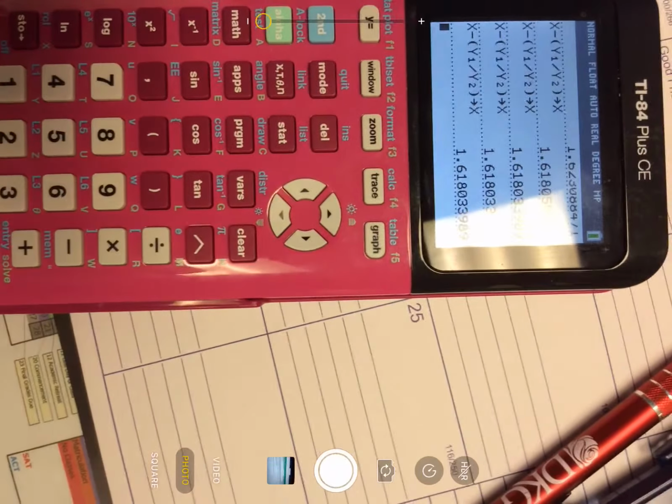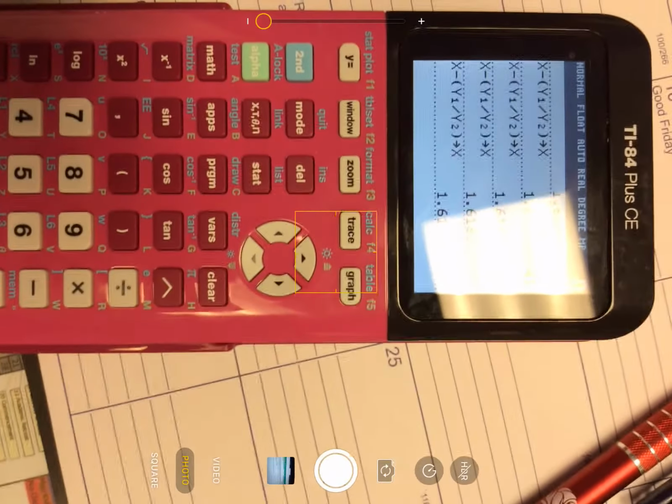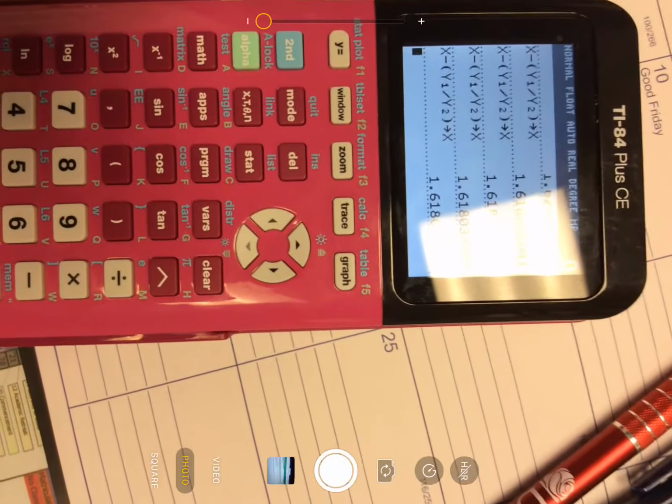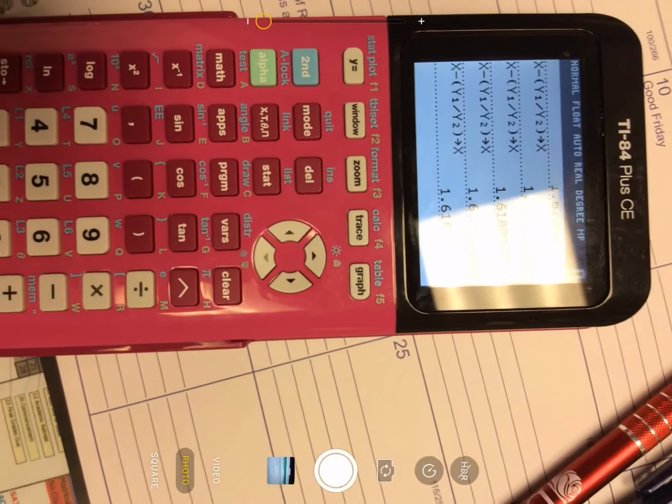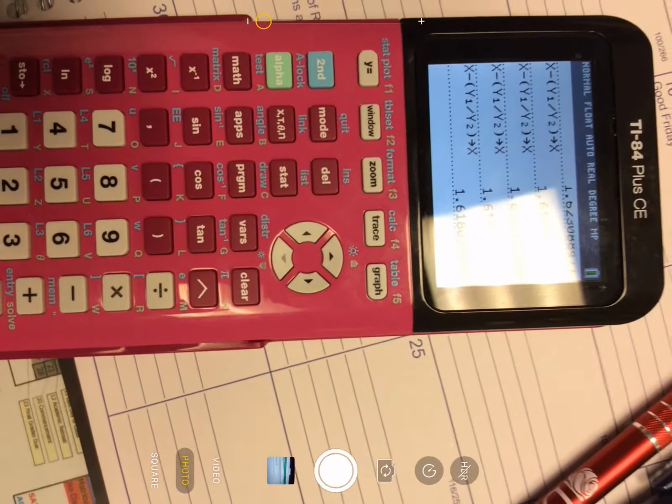Now, the only thing we need to do is the functions are the same. We just need to have a different seed value. So this time the other two are on the negative side of the x-axis. So we could select something like -1. So I'm just going to put -1 store x, hit enter.